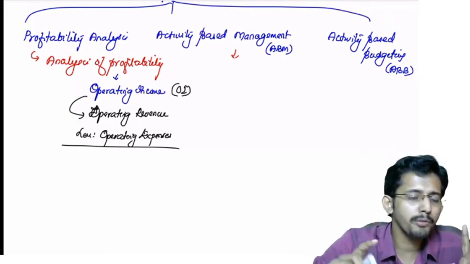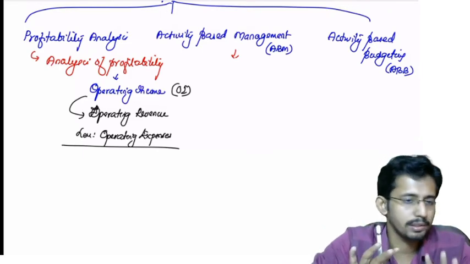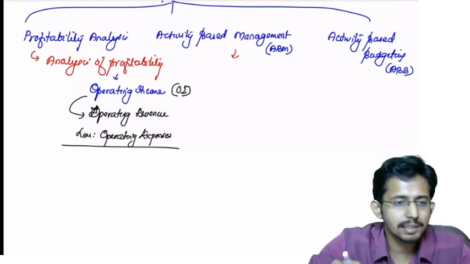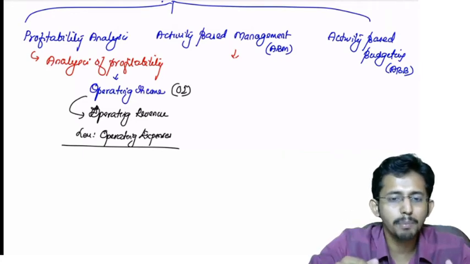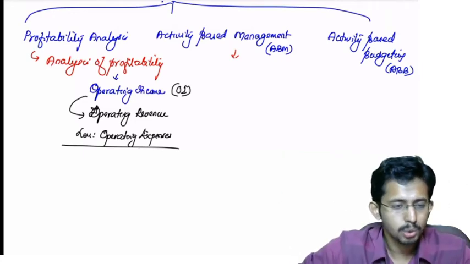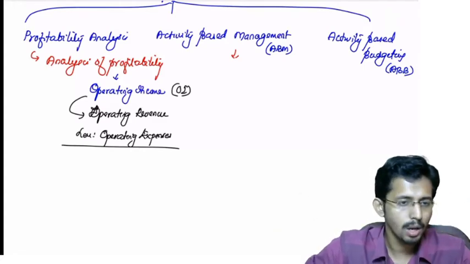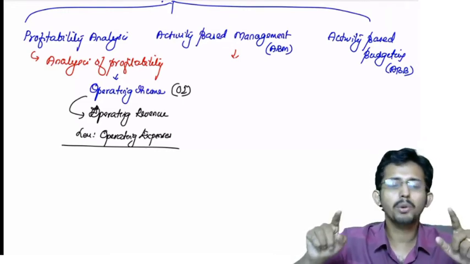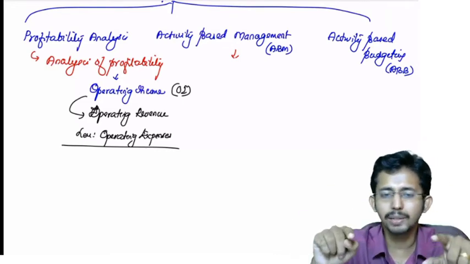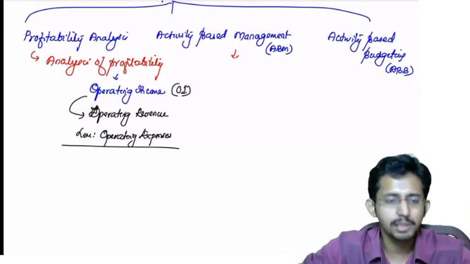So conversion of input to output is only a process, and that process is controlled by various activities. So if you want to control the cost of input and output, and the conversion of input to output, you have to concentrate on the various activities which enable that conversion.